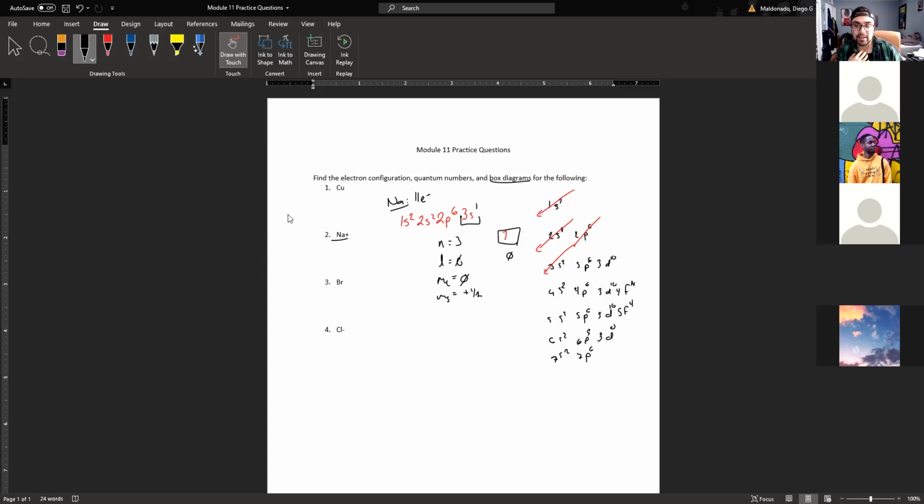All right. Any questions on the sodium? Where did you get the zeros and the plus half? Okay. The way it goes is that if you have l of 0, 1, 2, 3, 0 will always be the s orbital, l of 1 will be p, 2 will be d, and 3 will be f.